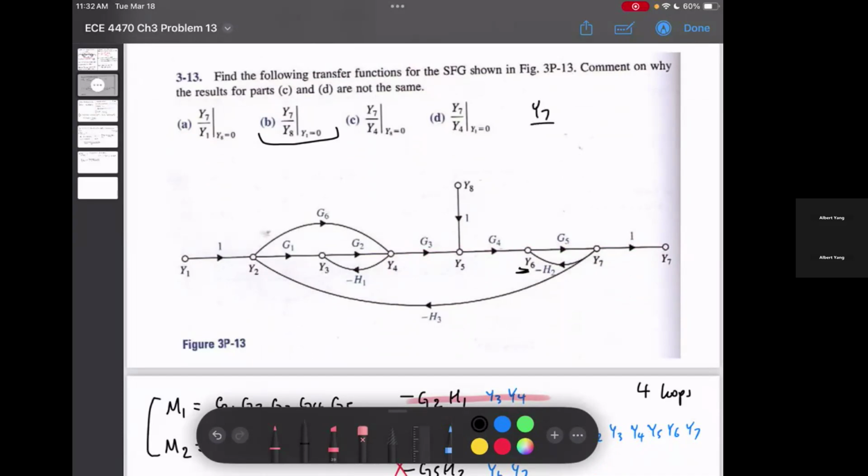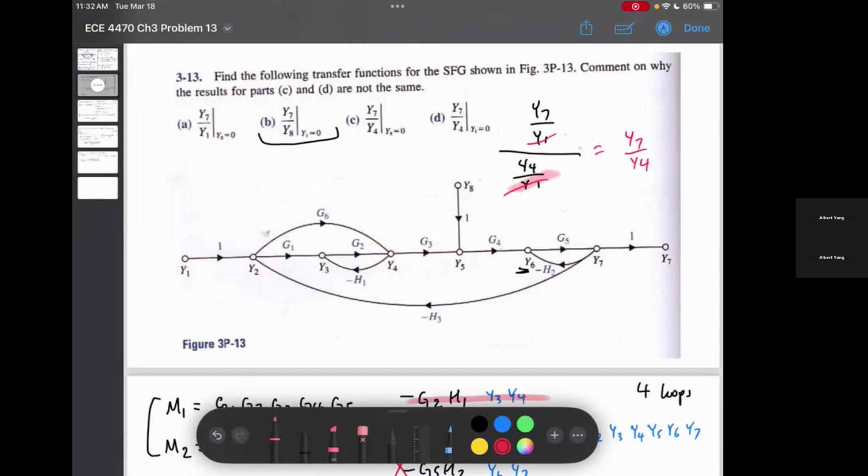y7 over y1 divided by y4 over y1. And what happens is that the y1 would cancel, and then you would end up with y7 over y4.